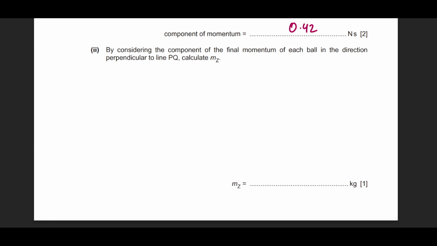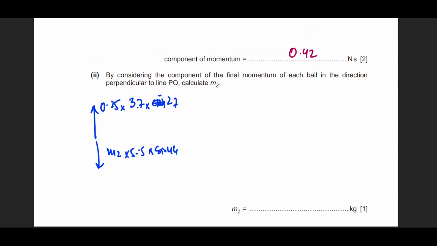So let me write this down over here. One of the components is going to be in the upwards direction, which is 0.25 into 3.7 into sine of 27, being equal to mz multiplied by 5.5 multiplied by sine of 44. Now when you write this equation down, you have already calculated this part in the previous part, 0.42.